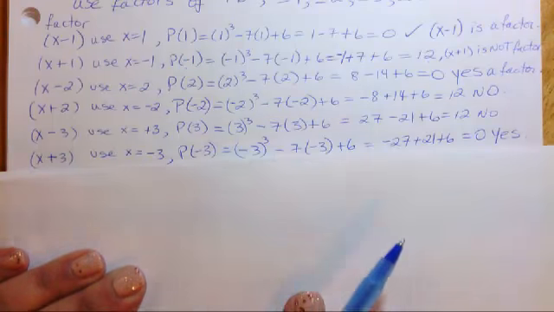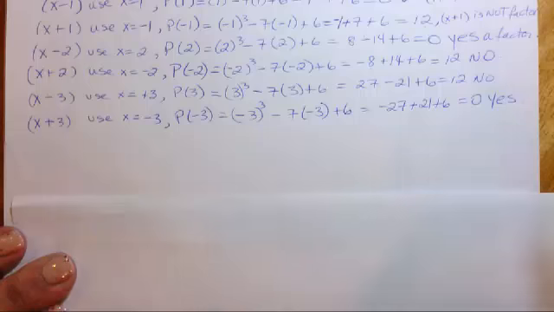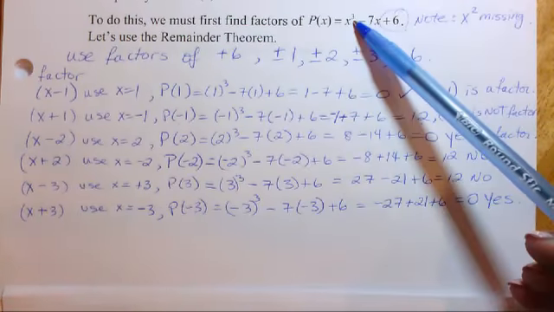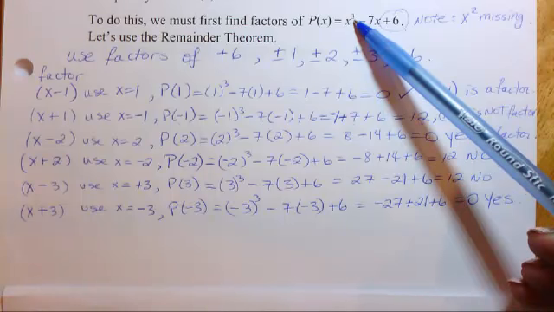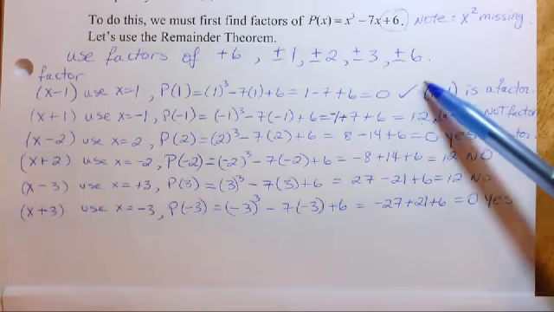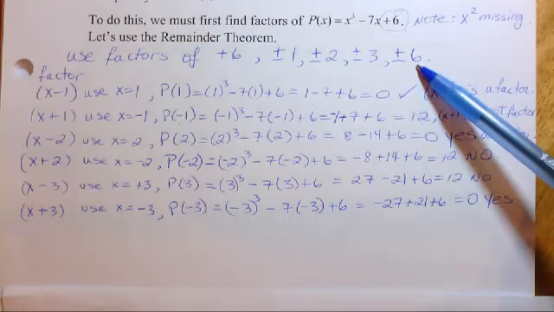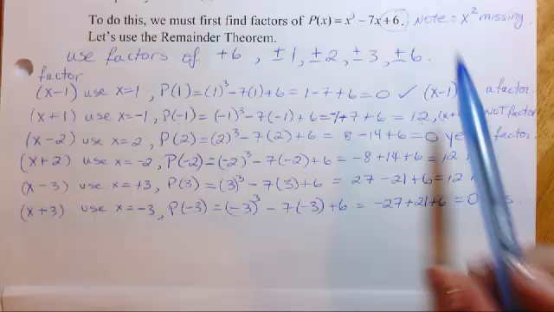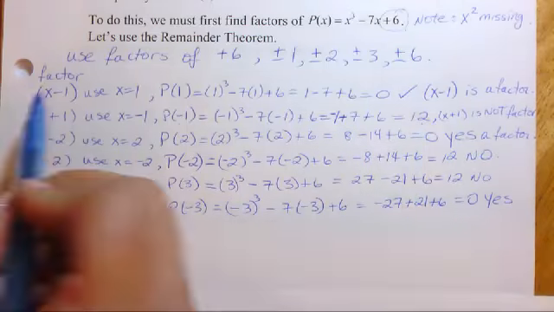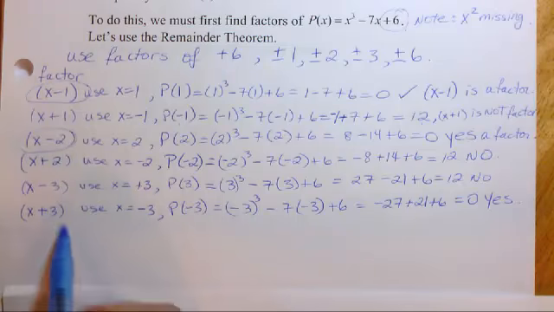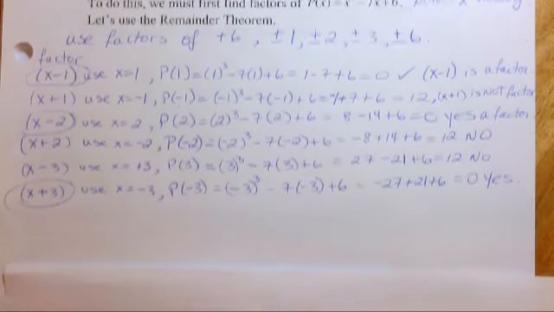So that is a factor. So then you notice that this is a cubic at the beginning. So at most it can have 3 factors. So I'm not even going to bother figuring out this plus minus 6 because I've already found my 3. I found this one, and this one, and that one.